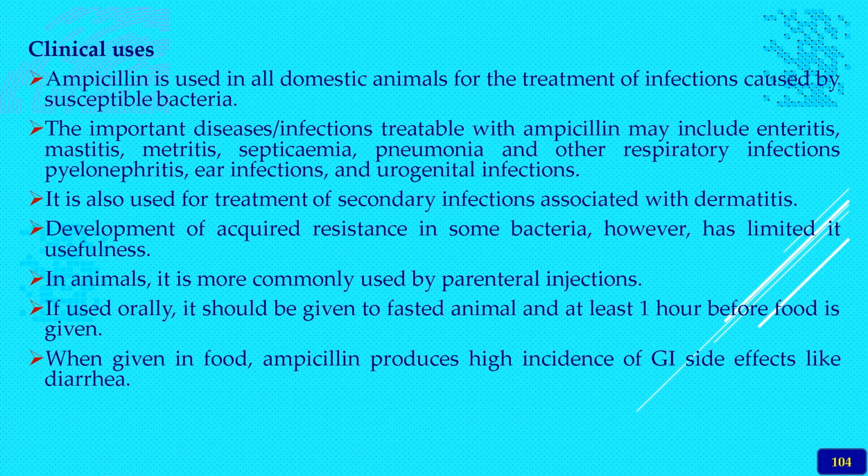Especially it is useful for the respiratory tract infections. Then it is also used for the treatment of the secondary bacterial infections, especially the skin bacteria. And once again, the bacteria which are causing the dermatitis are Staph aureus only, with different species.